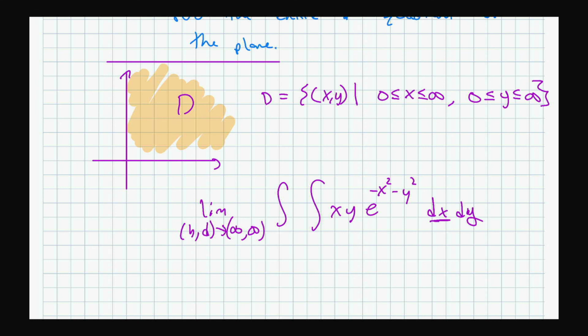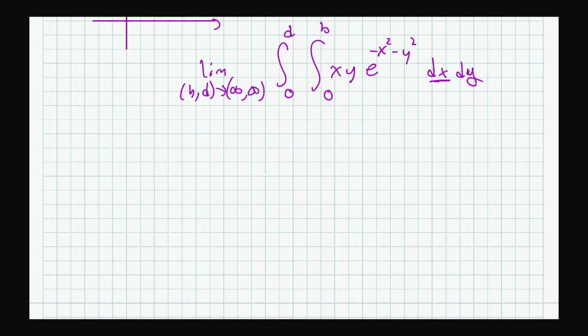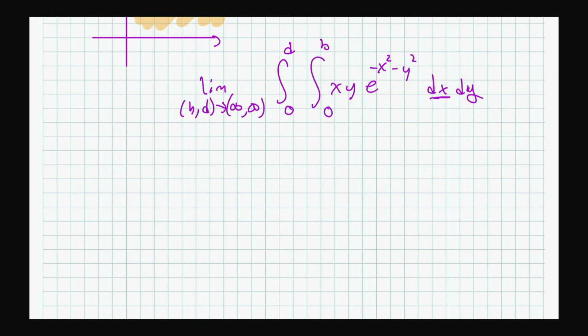So if I do the x integral first, then I'm going from 0 to b, right? Because that's going to be my b and that's going to be my d. And then my y integral is going to be also 0 to b. So this is the integral we have, and then we can try to solve it.